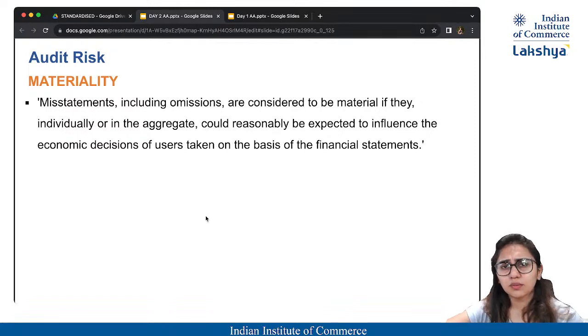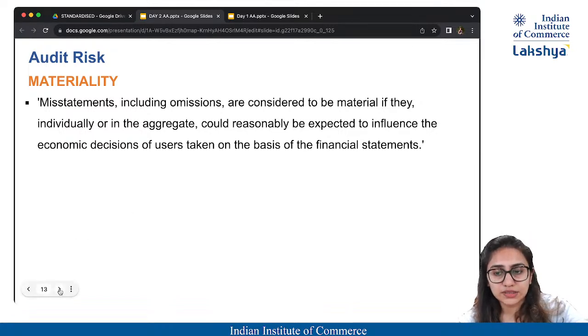It was something which is normal, so it's not material. That is the meaning of materiality, and you need to know the definition of materiality. Misstatements including omissions are considered to be material if they individually or in aggregate could reasonably be expected to influence the economic decisions of the users taken on the basis of financial statements.